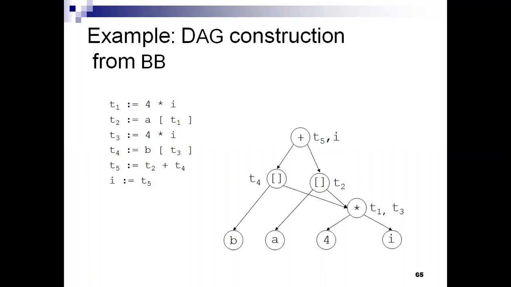With this DAG we can also determine which statements of the block could have their computed values used outside the block. And we can simplify the list of quadruples by eliminating the common sub-expressions and not performing the assignments of the form x is equal to y, unless and until it is a must. Make a note, unless and until it is a must.